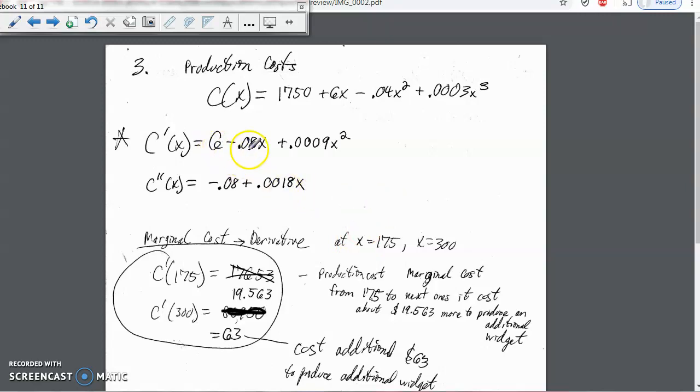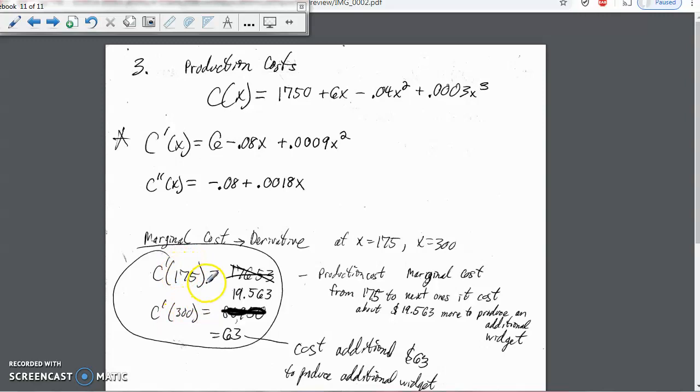So your marginal cost is 6 minus 0.08x plus 0.0009x squared. I would set that equal to 0 to find the relative max and min points, but they only ask us to find the marginal cost at 175 and 300.